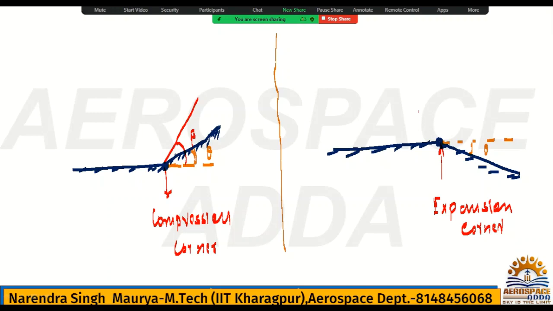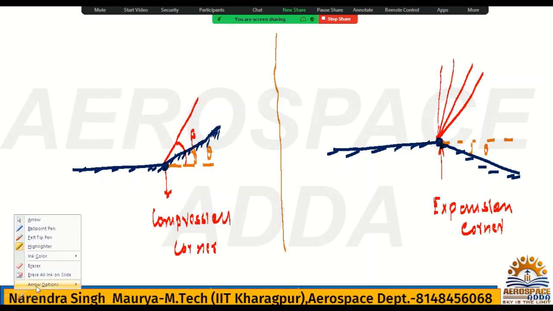Okay, what about the expansion corner? Because this is the expansion corner, an expansion fan will be created here like this. How will the flow pattern be? The flow pattern for this will be like this. Suppose the flow field is like this here.